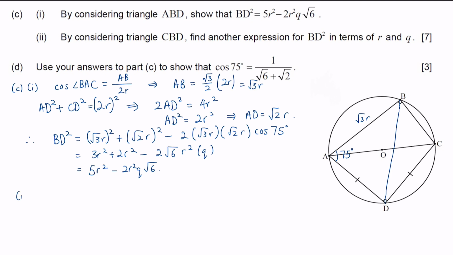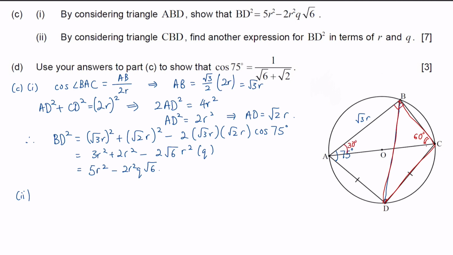Part 2: by considering triangle CBD, find another expression of BD squared in terms of r and q. So CBD is this triangle over here. I know that this angle is going to be 60 degrees, because this was 30 degrees and this is 90 degrees.